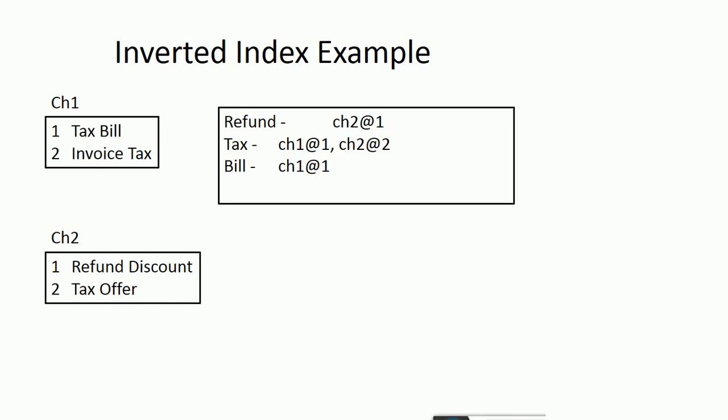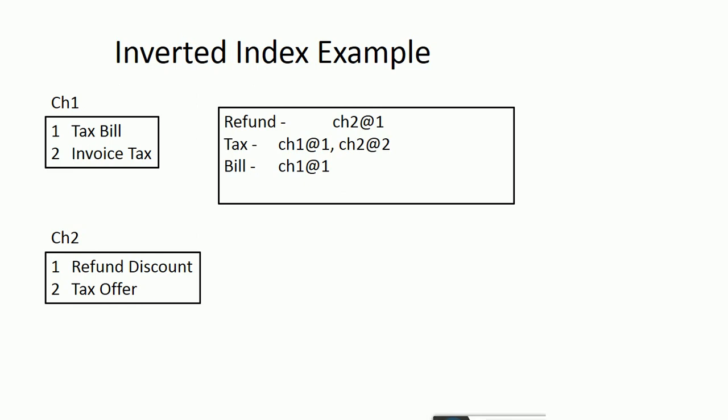In map phase, this is the expected output. Here you see, refund occurs in chapter 2 at the rate 1. Then tax is there, so it is chapter 1 at the rate 2 and chapter 2 at the rate 2. So this is the kind of output which we should get.